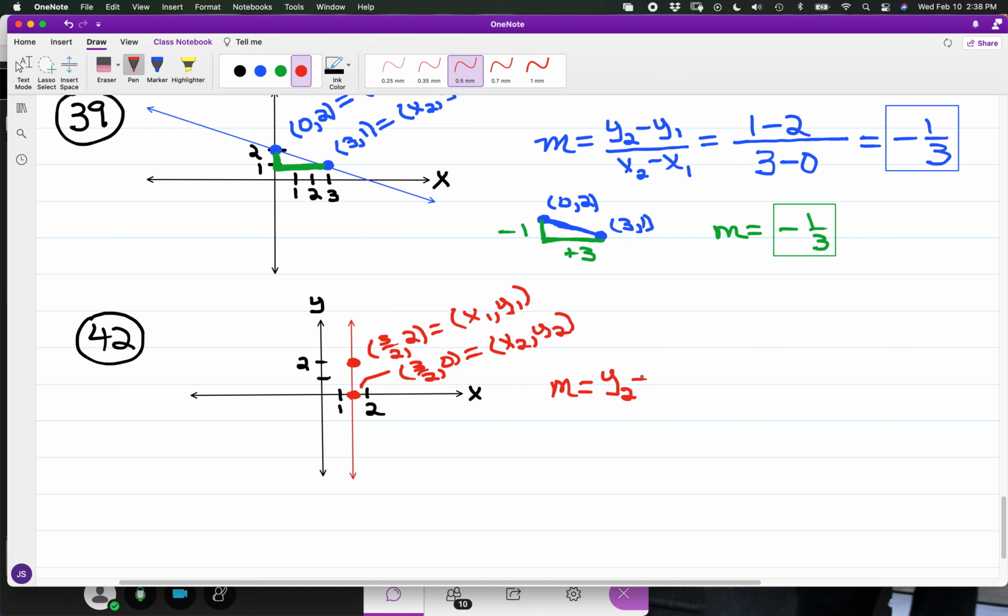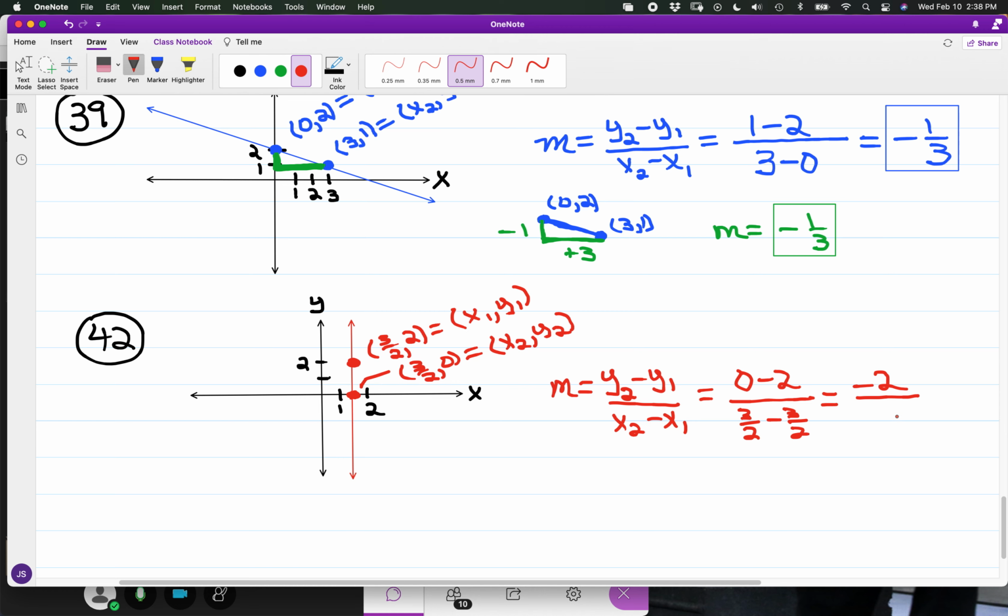Again, just take what we have for the slope formula. So you have with y2 minus y1, okay, so you have 0 minus 2. And for x2 minus x1, guess what? We have 3 halves minus 3 halves. Change in y we have at negative 2. Now change in x, guess what?